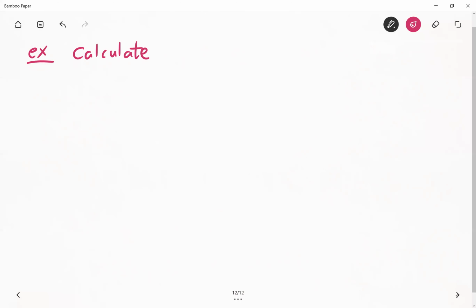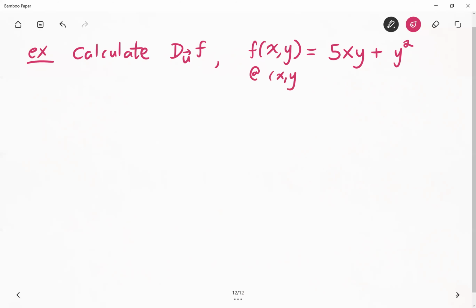Let's calculate the directional derivative of the function, let's say f of x, y is equal to 5xy plus y squared at the point x, y equals, let's say maybe, 2, 1.